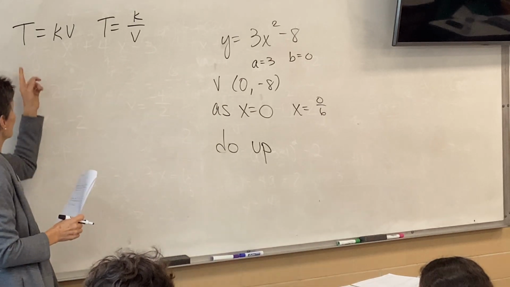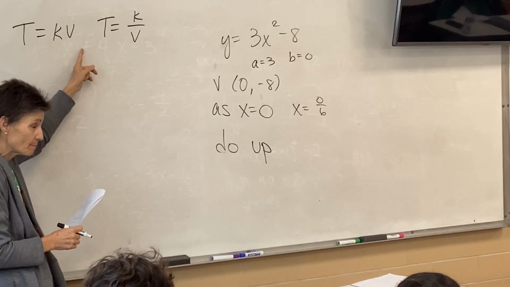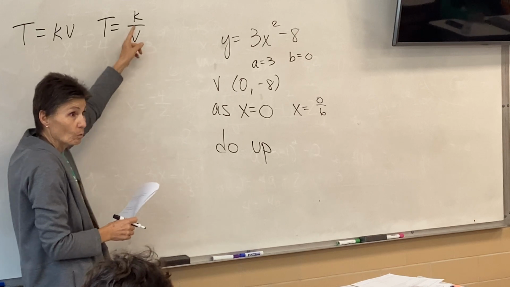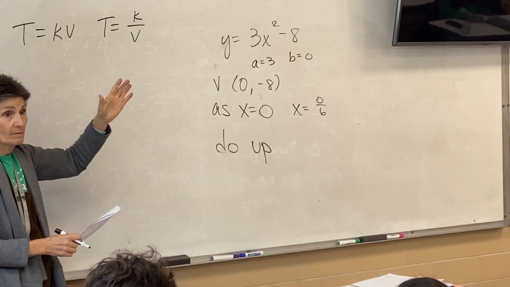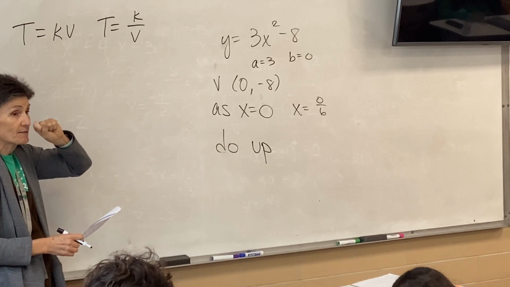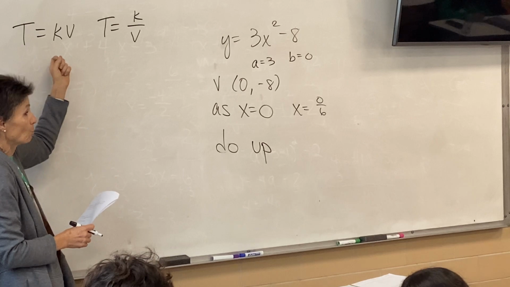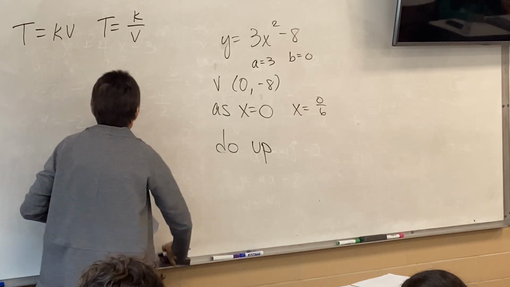It's either first thing equals K times second, or first thing equals K divided by second. Which one is it in this case? It varies directly, so which of these? 1 or 2? 1. That's your direct variation.